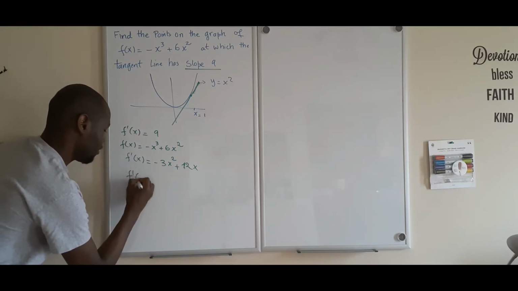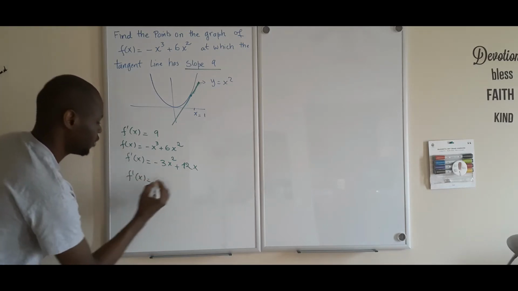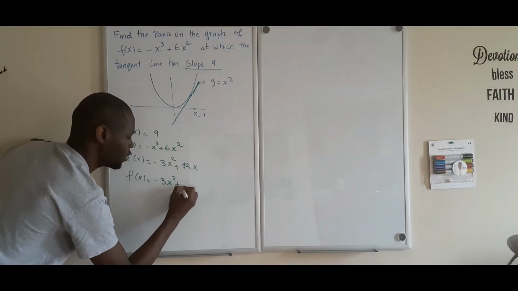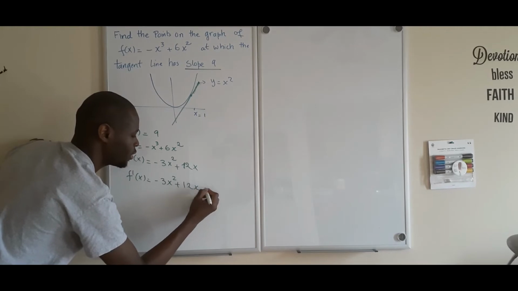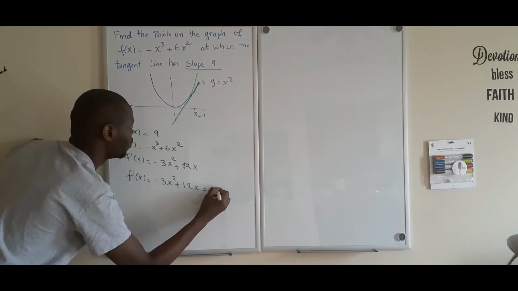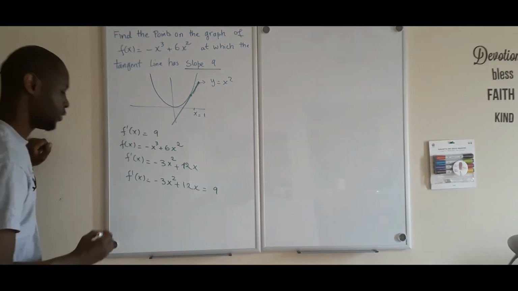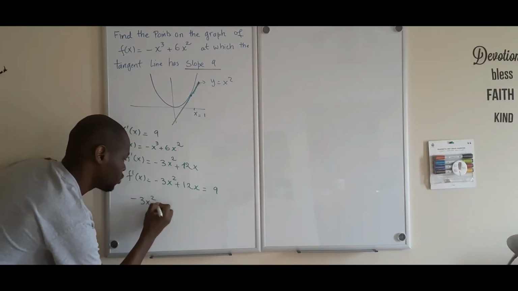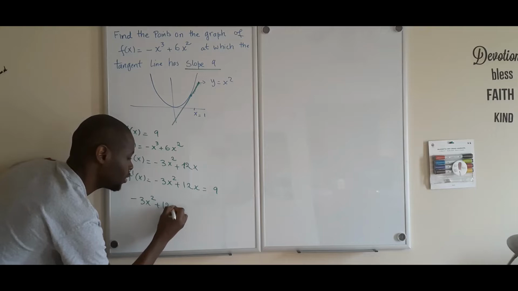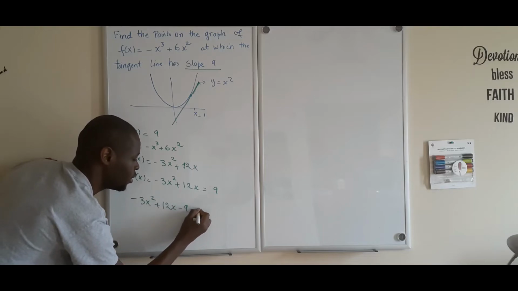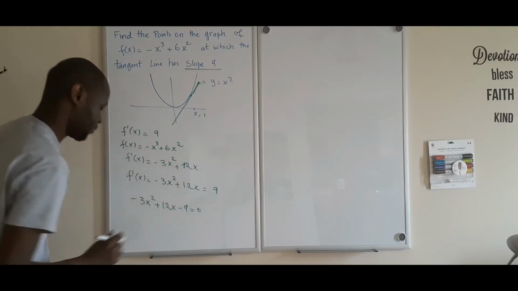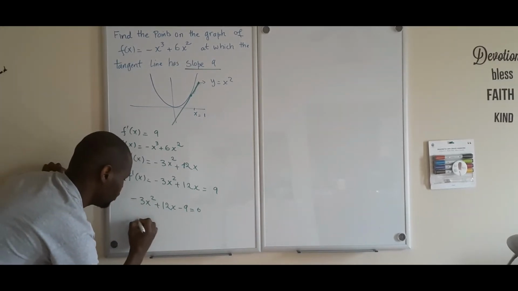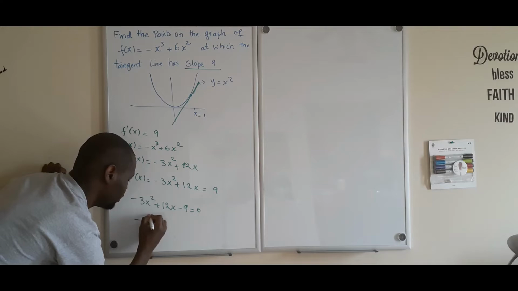So we said that f prime of x equals 9, so this means minus 3x squared plus 12x equals 9. So let's evaluate. Minus 3x squared plus 12x minus 9 equals 0. I see that they're all multiples of 3, so I can divide everything by 3.